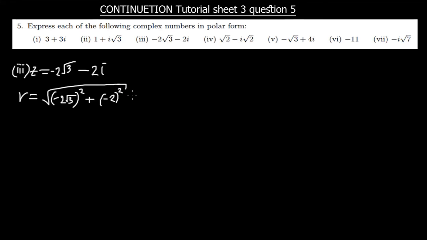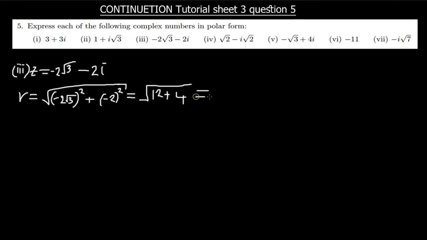When you find r, you discover that this will be 4 times 3, you get 12. So it will be the square root of 12 plus the square of 2, which is 4.